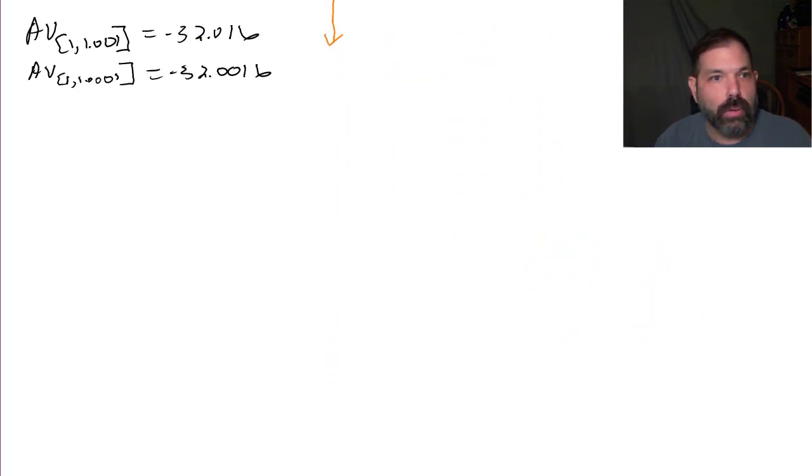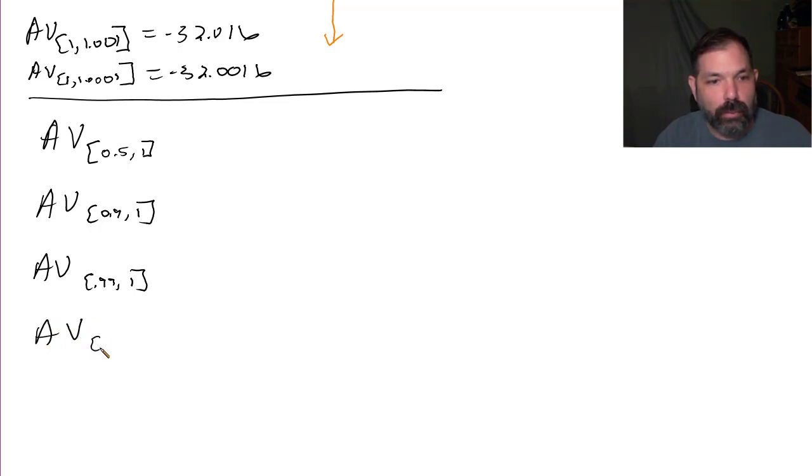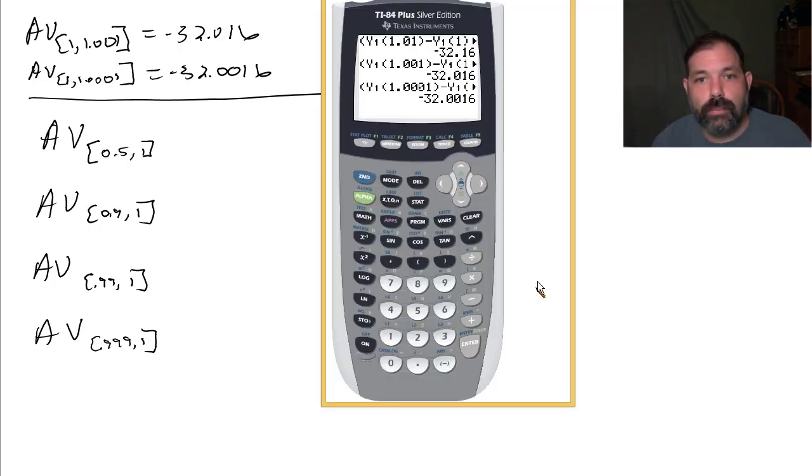All right, so now let's find the average velocity on the interval 0.5 to 1, and then how about 0.9 to 1, and then the average velocity from 0.99 to 1, 0.999 to 1. Let's see if that gives us similar evidence. And it turns out, if you remember how slope works, the order in the numerator and denominator doesn't matter as long as you're consistent.